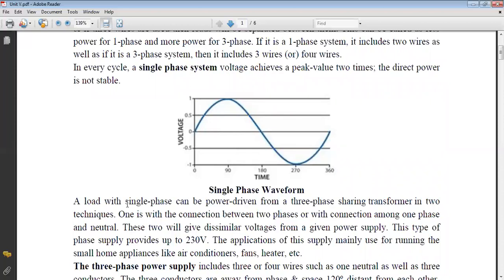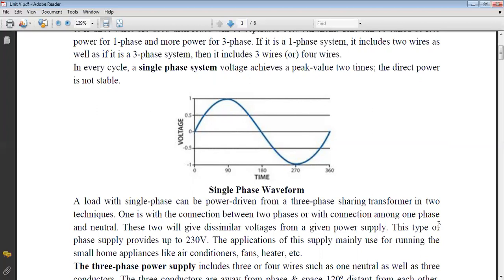From that three-phase connection we collect the electrical supply; from the three-phase supply we take the single-phase supply. Clear? So there are mainly two techniques. The three-phase system has either three wires or four wires. One is the connection between two phases, or the connection between one phase and neutral.